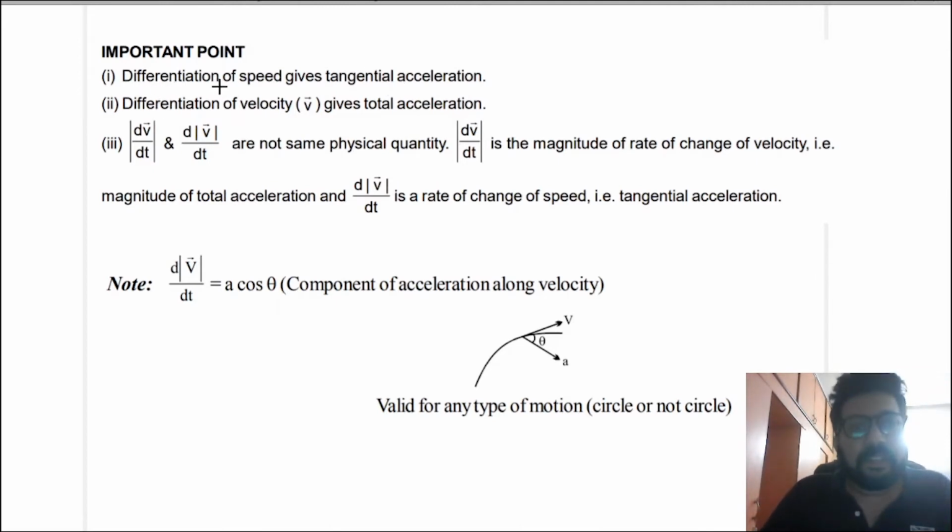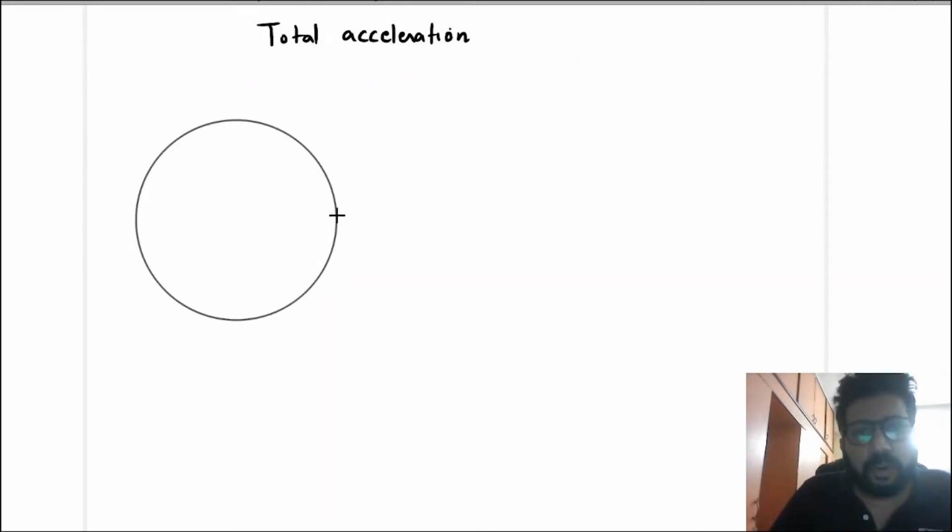First, differentiation of speed gives tangential acceleration. I've already told you A is rate of change of speed. Second, differentiation of velocity gives total acceleration. Let us discuss what is the total acceleration. At this point, suppose this is the radial acceleration AC or AR, and this is the tangential acceleration AT.